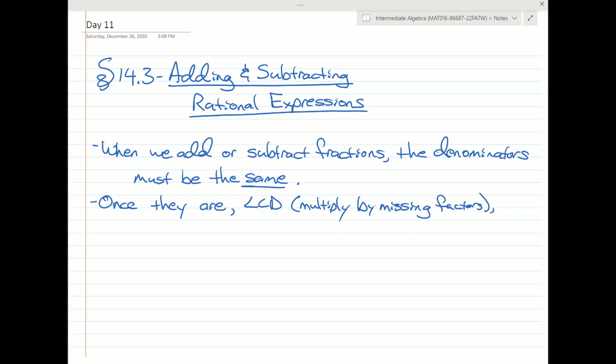We combine the numerator. We also use parentheses if subtracted. Just give you a second to copy that down, and then we'll get right into some examples.